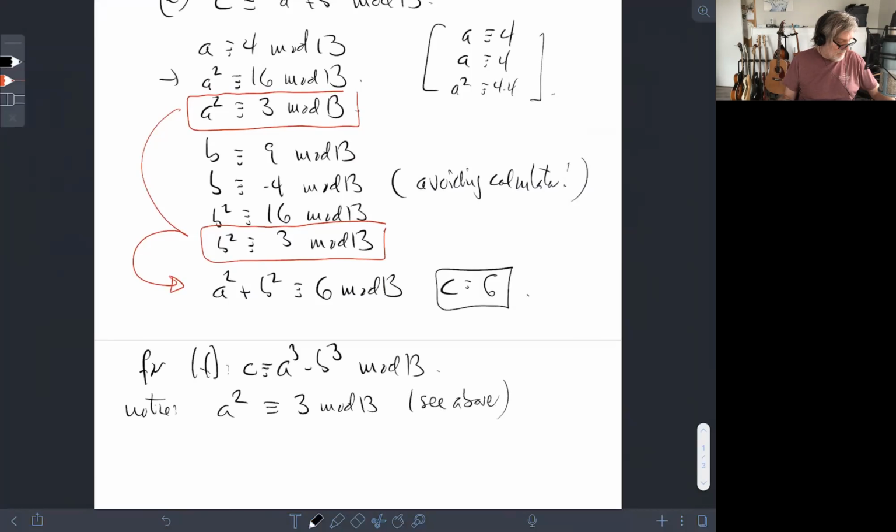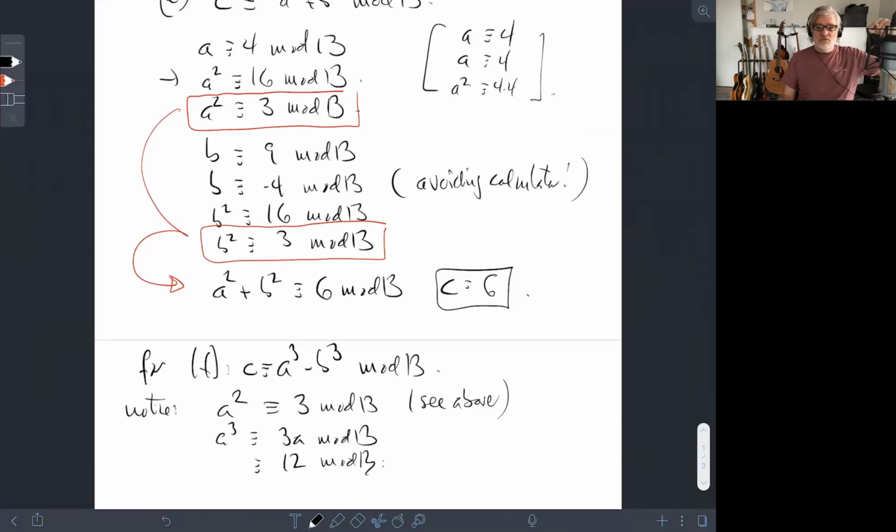We saw that earlier. So A cubed will be the same as 3A mod 13, and A was 4, so that's 12 mod 13, which is -1. You can use -1 if that's relevant.